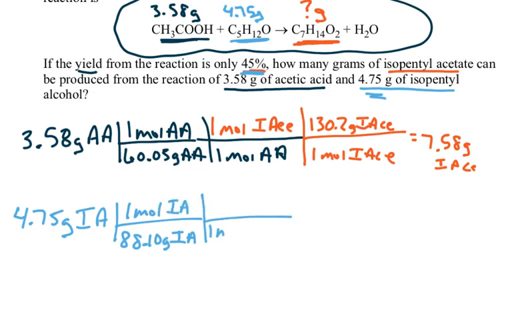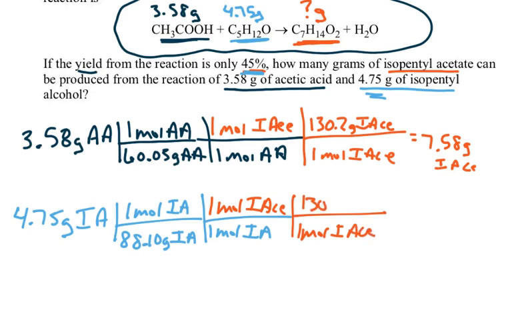So 1 mole of IA gives 1 mole of IACE. And then 1 mole of IACE is 130.2 grams of IACE, which equals 7.01 grams of IACE.